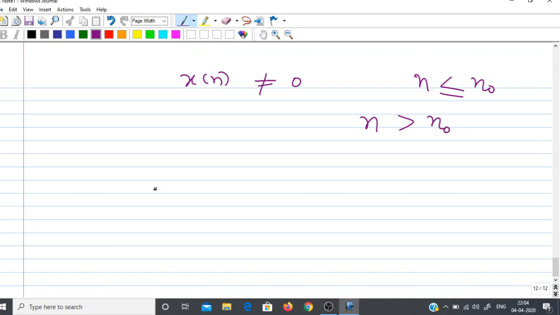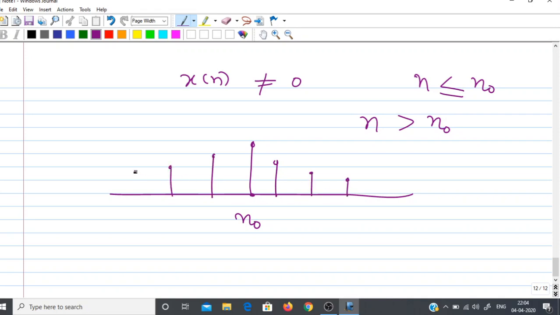In both regions, let's say this n naught point is here and the sequence has non-zero values to the left and right of n naught. This is some sequence I have drawn, and this is an infinite duration sequence. Let's say this n naught is 1. Now this sequence has non-zero values to the left of this point n naught and right of this point n naught. Therefore this sequence is a both-sided sequence.